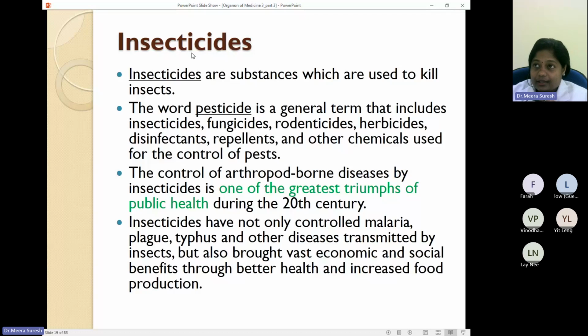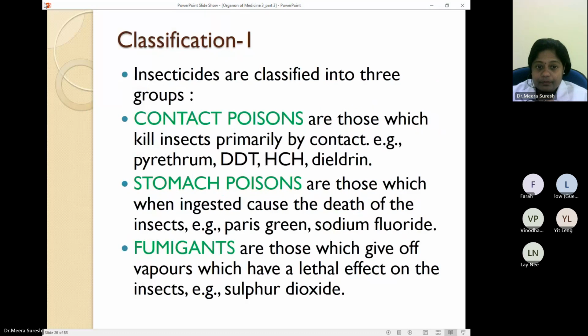It was actually helping to increase food production, as crop destruction was not happening with these insecticides. So it was not only the control of diseases that was happening, but there were social and economic benefits also by the use of insecticides.